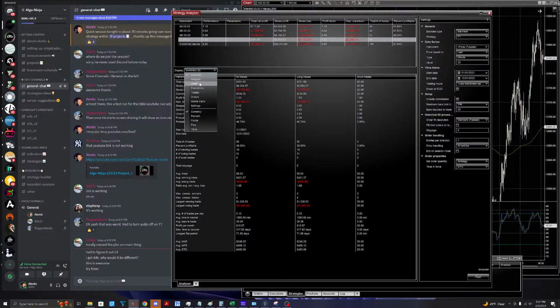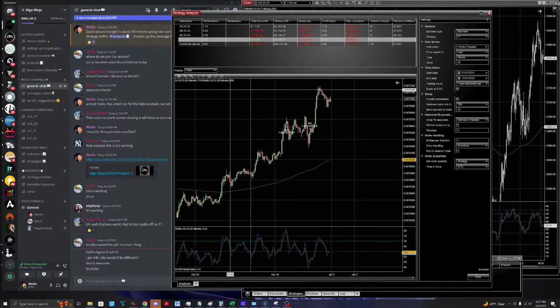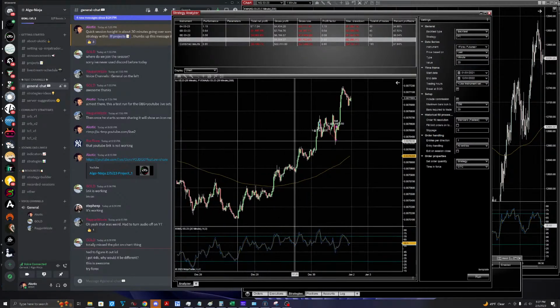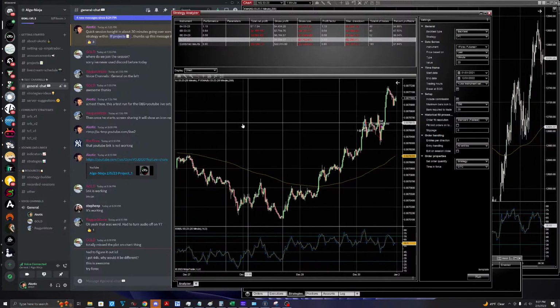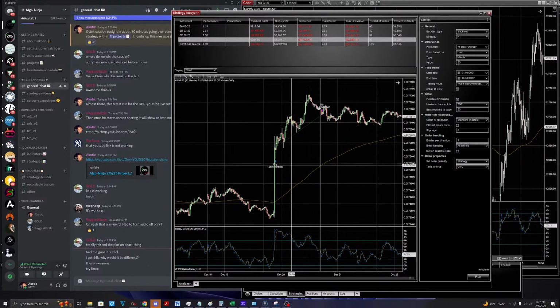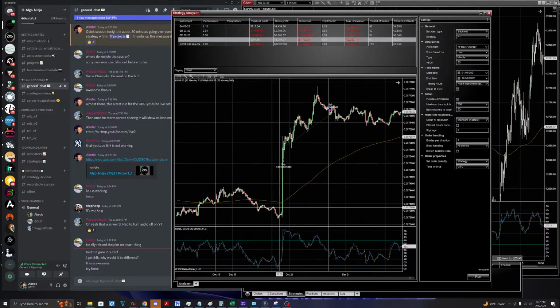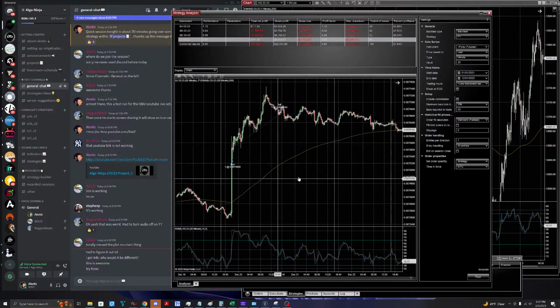Let's see how we're looking on the chart. Here we got some good momentum, but we didn't get continuation. Definitely something fundamental occurred here. And so it's interesting.